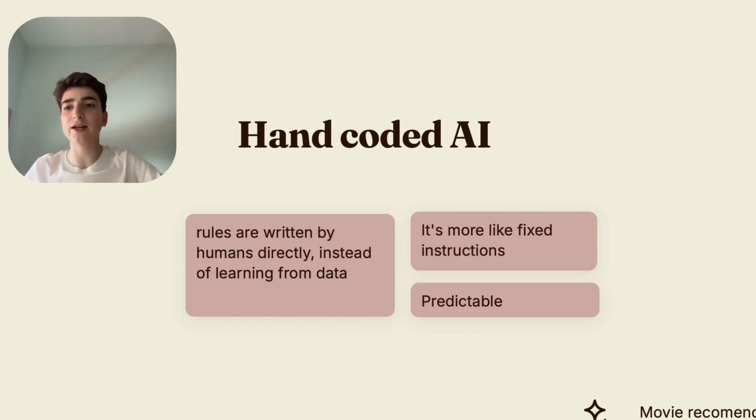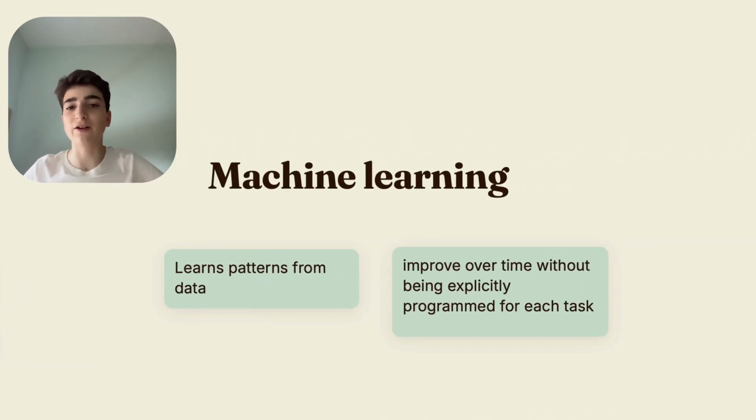So it basically has rules. It's more like instructions. A human tells it what to do exactly, and it's much more predictable because you have given it the rules.